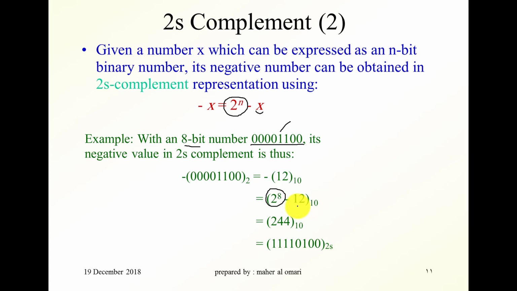So 256 minus 12, that's 244. Represent this in binary, you get this, 244. If you apply what I told you before, you take these 3 bits with no change on them, and then you invert the rest, you get the 2's complement.